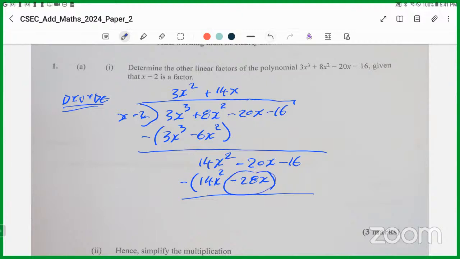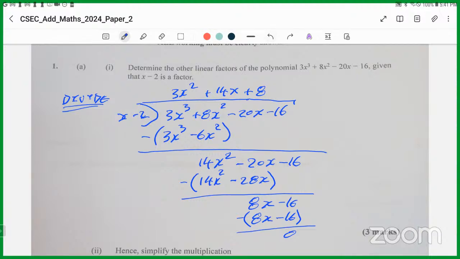So it's 28 minus 20, which gives 8. So you're getting 8x minus 16. 8x divided by the x gives me 8. Then 8 times these gives the 8x minus 16, and we subtract. You're getting a remainder of 0 because this was a factor.